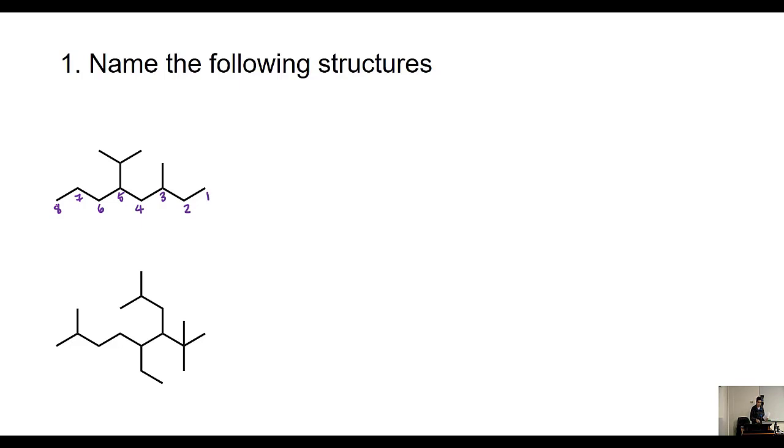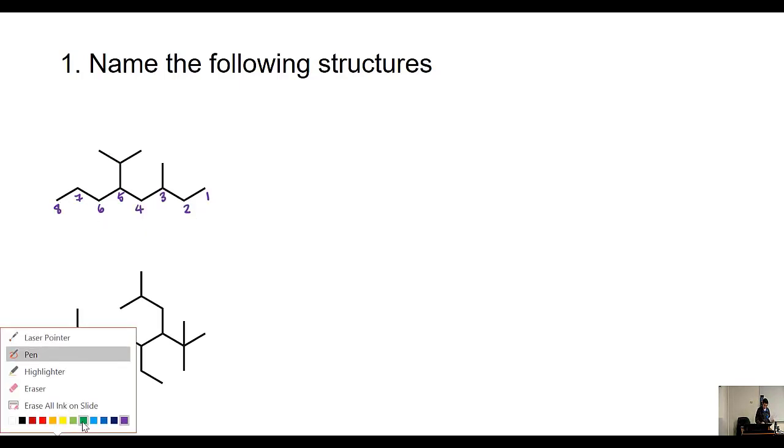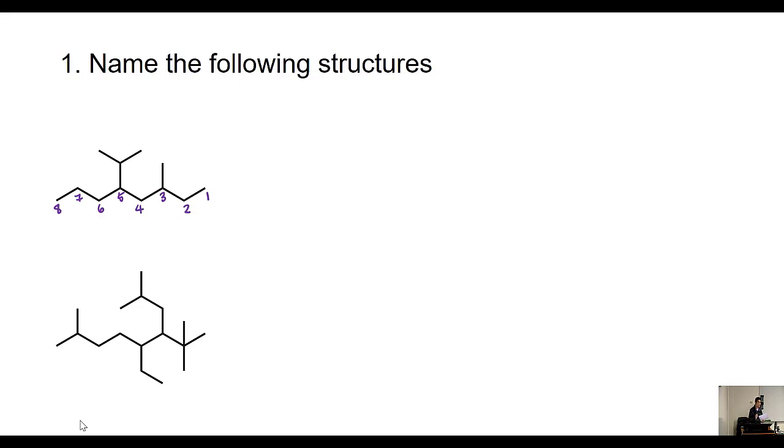Now let's talk about my substituents. What substituents am I dealing with here? A methyl, and an isopropyl. Perfect. Do y'all understand why it's called an isopropyl?